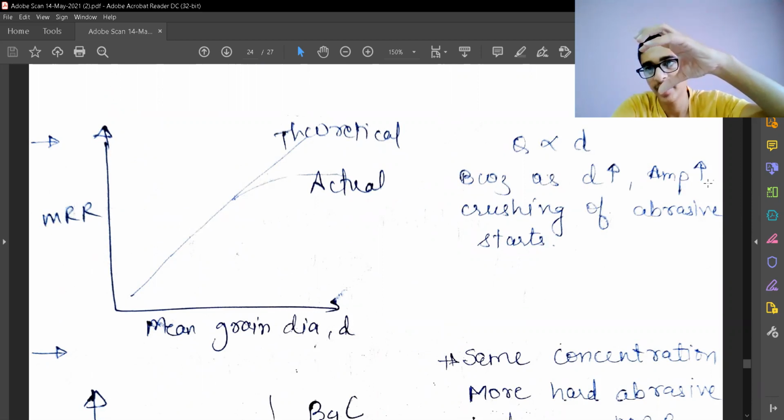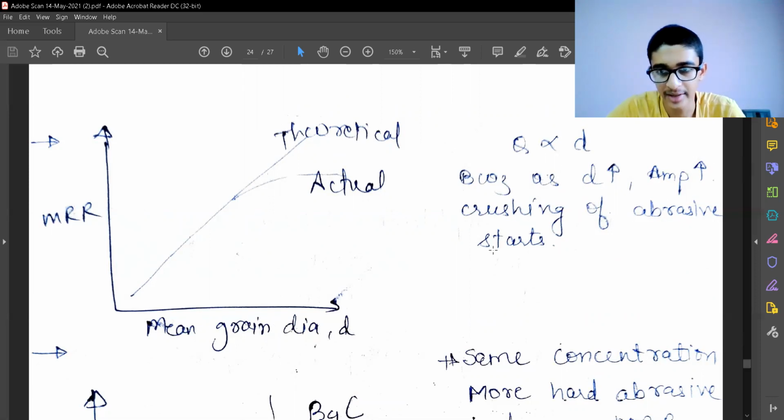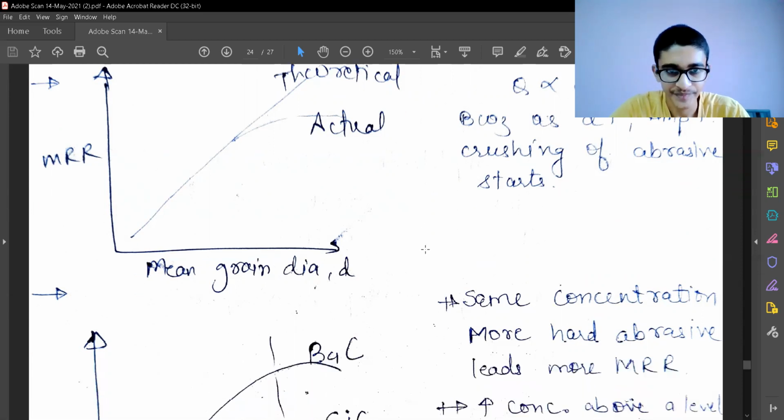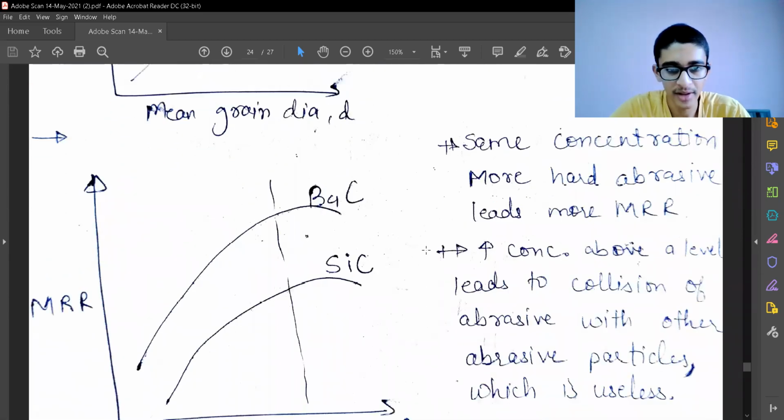But if I have a larger grain, I need to cover a small distance. So if I keep the amplitude the same, the crushing of the abrasive starts. The larger size of the grain will itself start crushing, and it will not lead to any material removal.